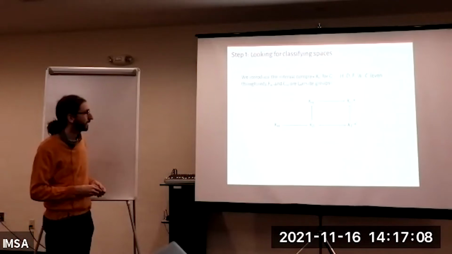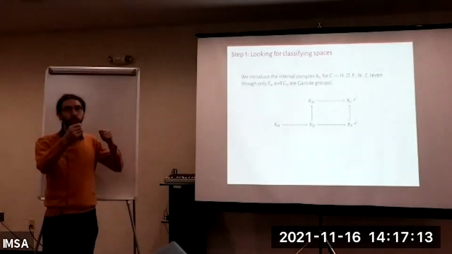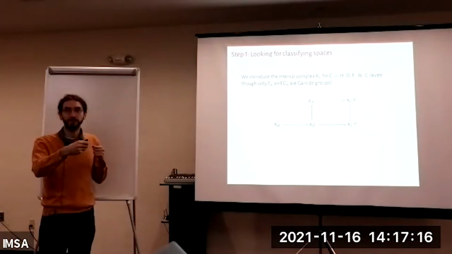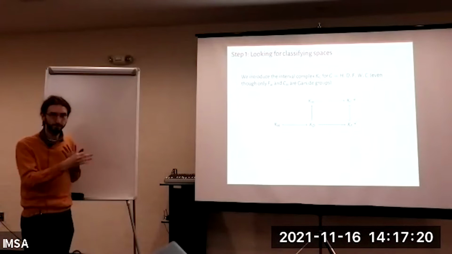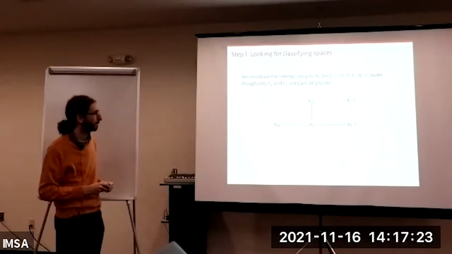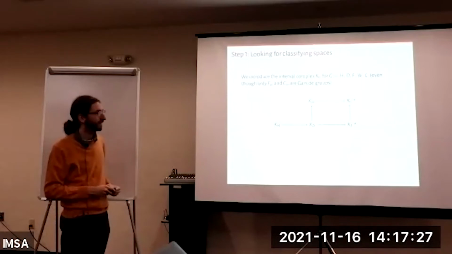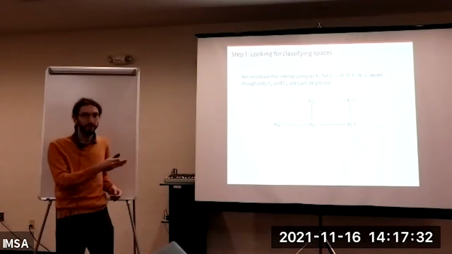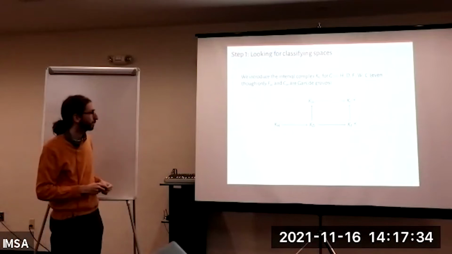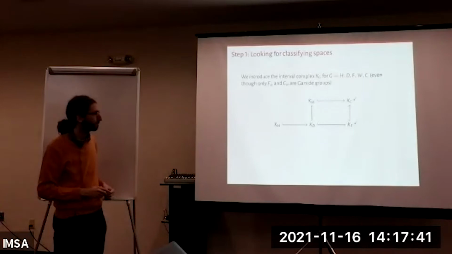Now we take the same diagram and look at all the interval complexes that are naturally associated with these five groups. So KW is the one we care about. KC and KF are classifying spaces for the corresponding Garside groups. And then we have KD and KH, which we will go into in a moment.